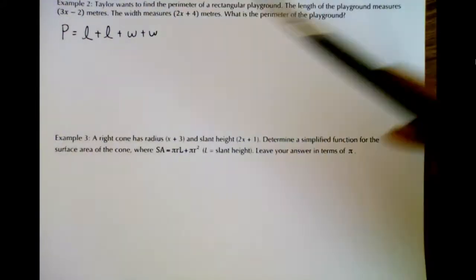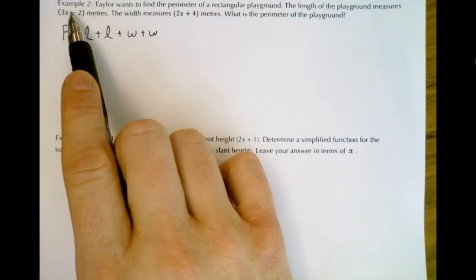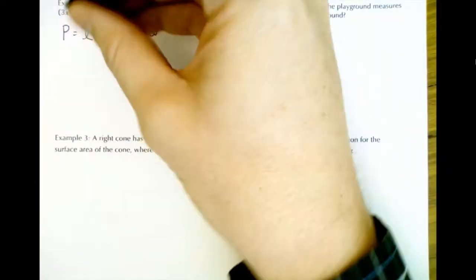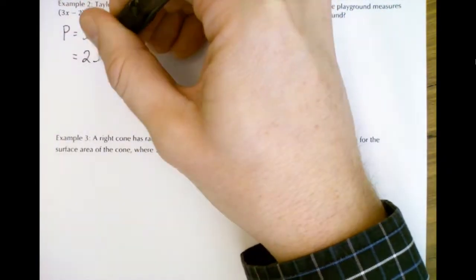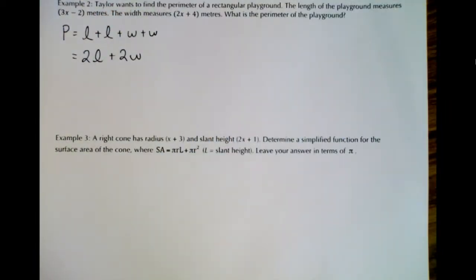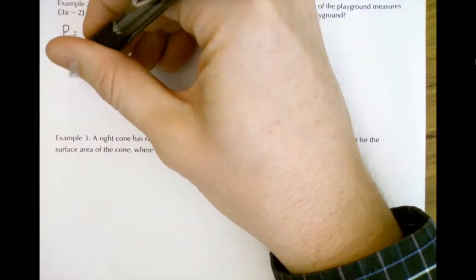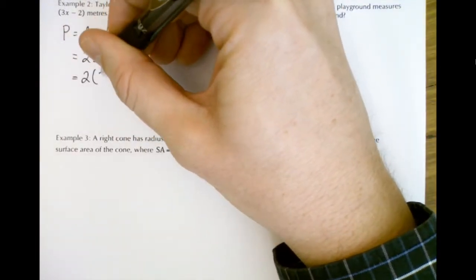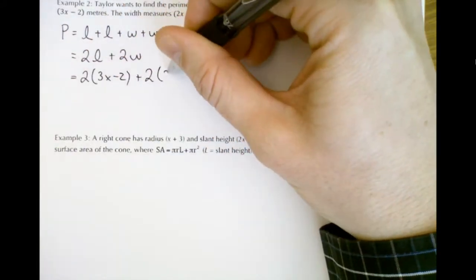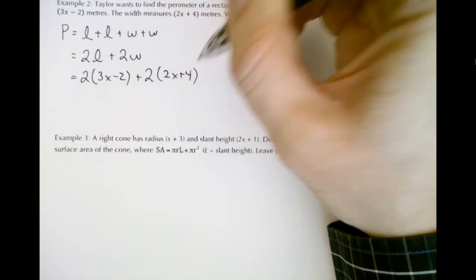So we could just add this polynomial to this polynomial to this polynomial to this polynomial again, or we can simplify and say perimeter is 2 lengths plus 2 widths. Either way is fine. Let's stick with this one because it shows a little bit of multiplication. Length is that 3x minus 2 expression, and width is the 2x plus 4 expression.